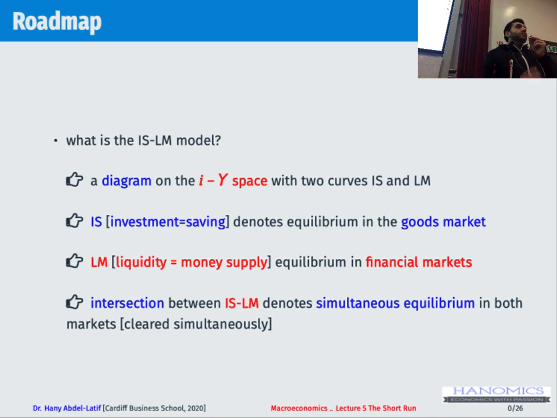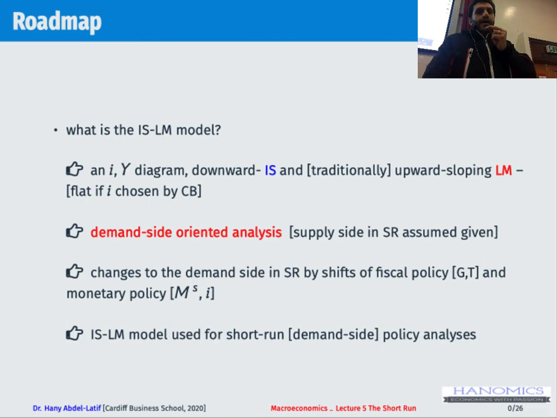So what we're going to see now is IS and LM. These are two curves. The IS shows the equilibrium in the goods market. LM shows the equilibrium in the financial market. IS is a downward sloping demand curve.